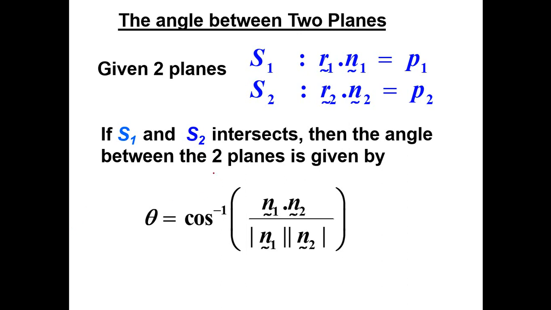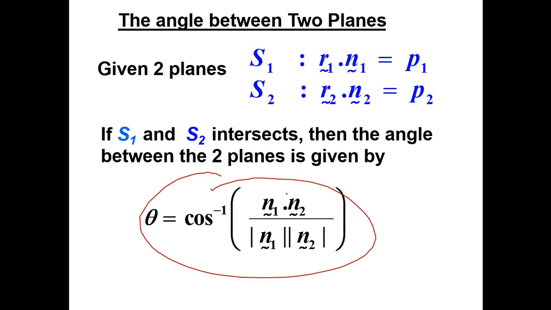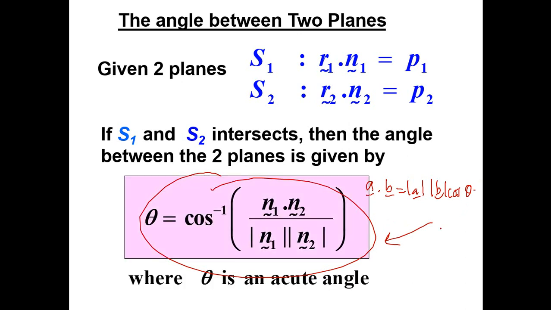This is the formula. It comes from a dot b equals modulus a modulus b cos theta. Take cos theta as the subject and find theta. Theta is an acute angle.